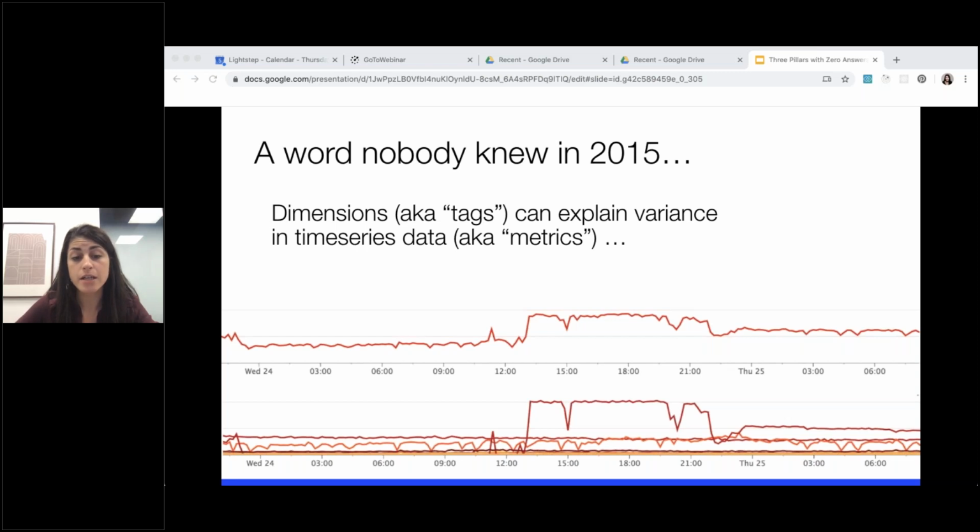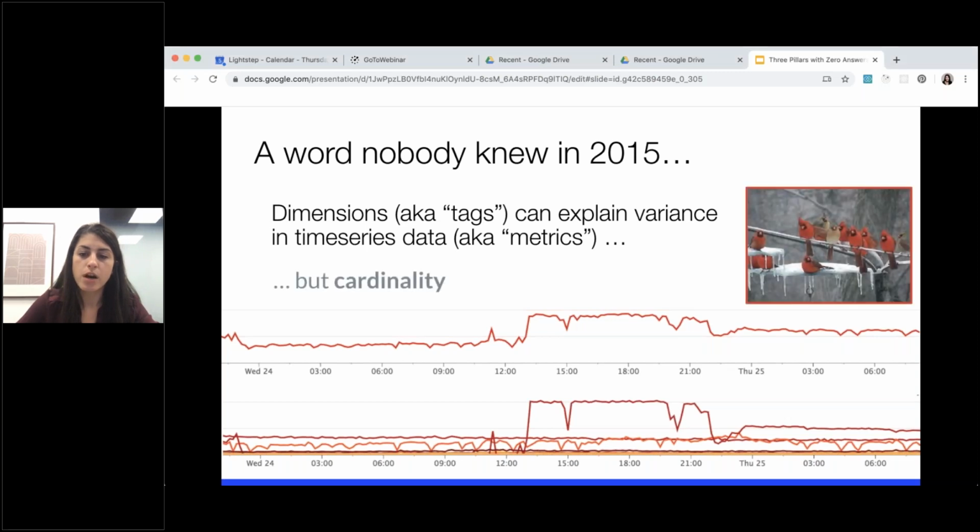But the problem here is that the number of values for a tag can get really high. So some common examples of tags are like globally unique identifiers, or like user IDs, and those have a huge number of possible values, and that can get really expensive, and that's called cardinality. So cardinality is essentially the number of values for a tag.